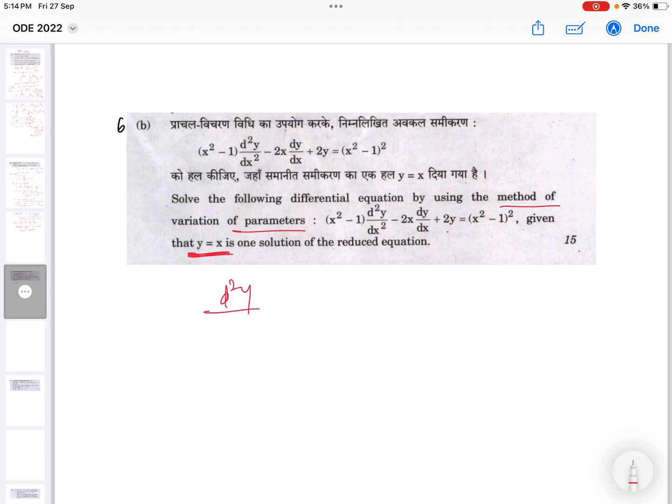Standard form is d2y by dx square plus p of x dy upon dx plus q of x y is equal to r of x.